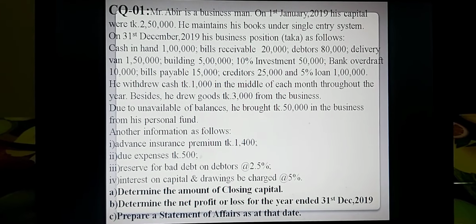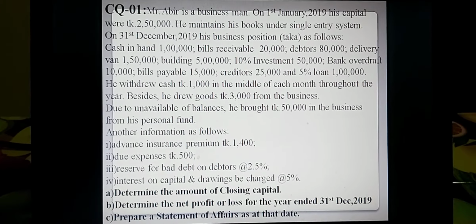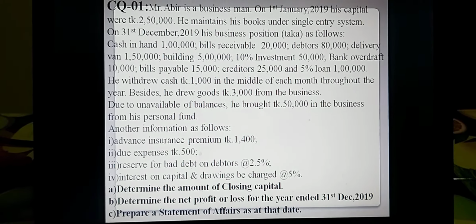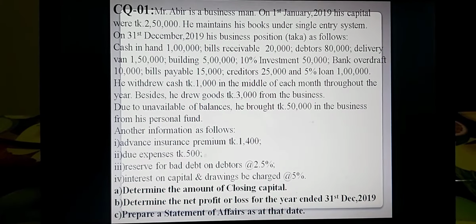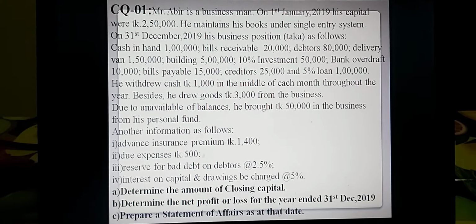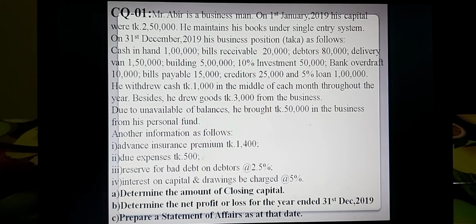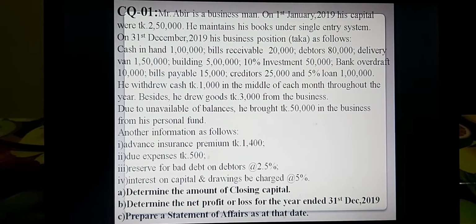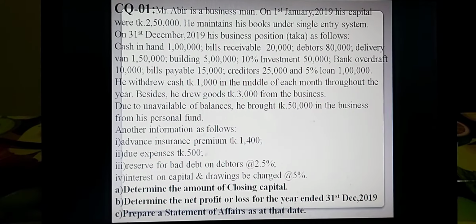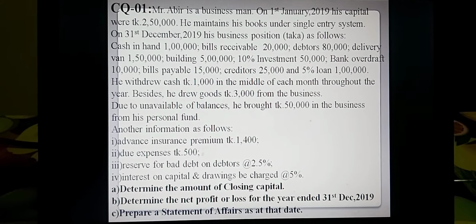Dear learners of 11 and 12 business studies, in the slide you are watching the new creative question for this chapter. Just read it.